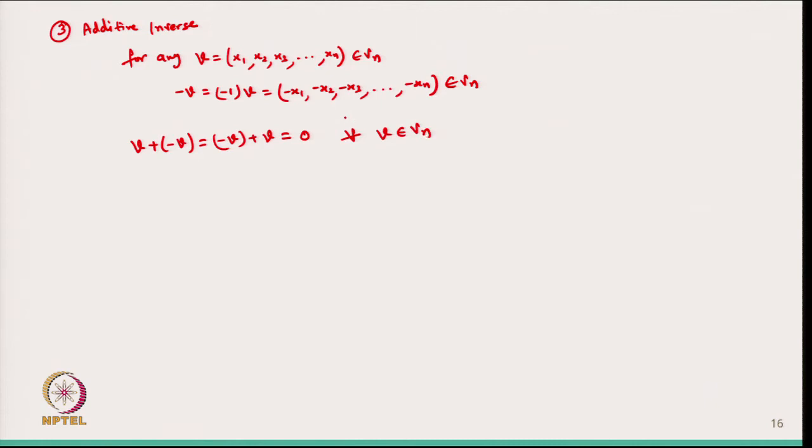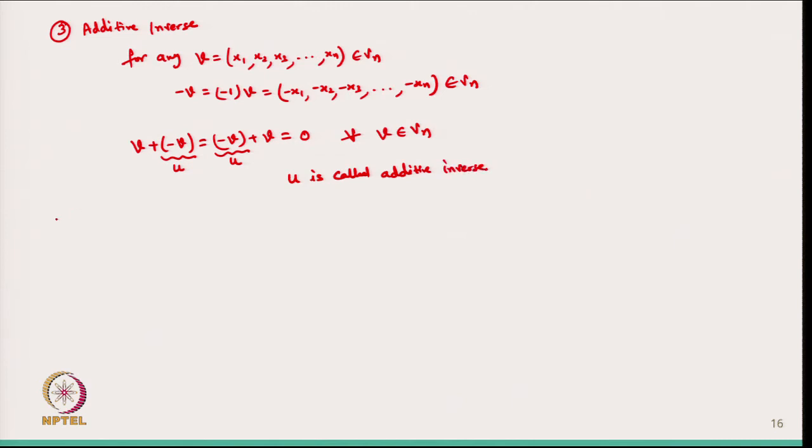Whatever element you take, we can take its minus v, the additive inverse, and this will be equal to 0. In this case, this element, we call it u, is called the additive inverse.